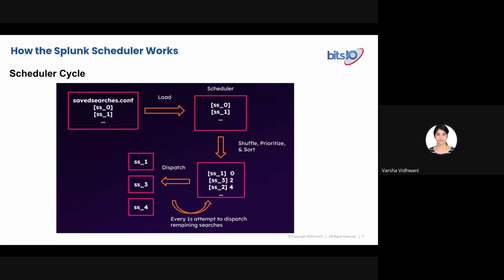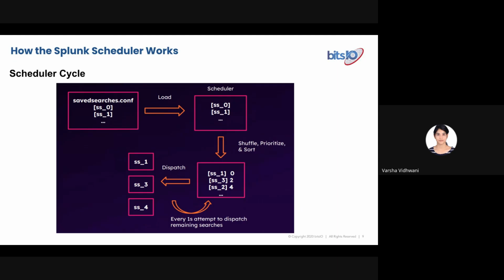So what would happen is, if everything is already busy and the concurrency limit is reached, lower priority searches may have to wait, or they will be skipped in that case. Now, if we still have searches left in the queue, the scheduler will not stop until the next minute begins.